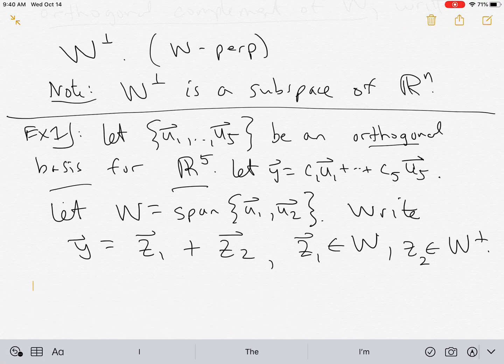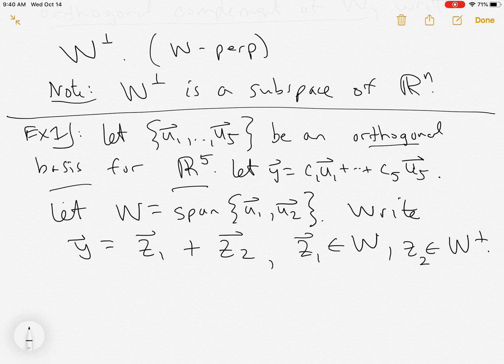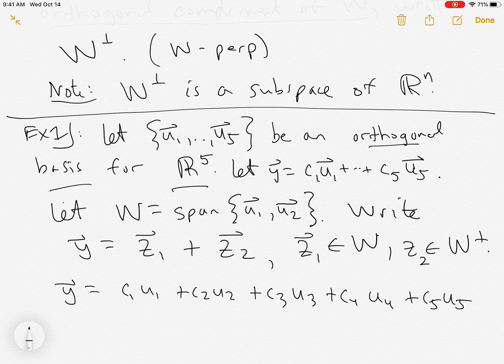Okay. And this implies that you can do this, but we're also going to, along the way, show why you can do this. All right, so let's see here. Breaking this up, I'm going to go c1u1 plus c2u2 plus c3u3 plus c4u4 plus c5u5. So that's our vector y. And if we break it up like this, that will be our z1.